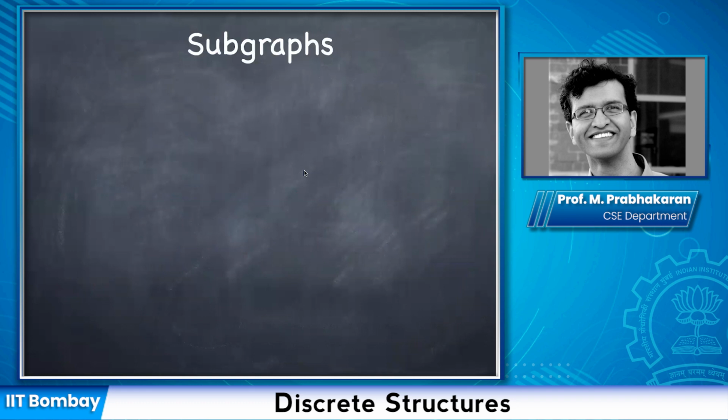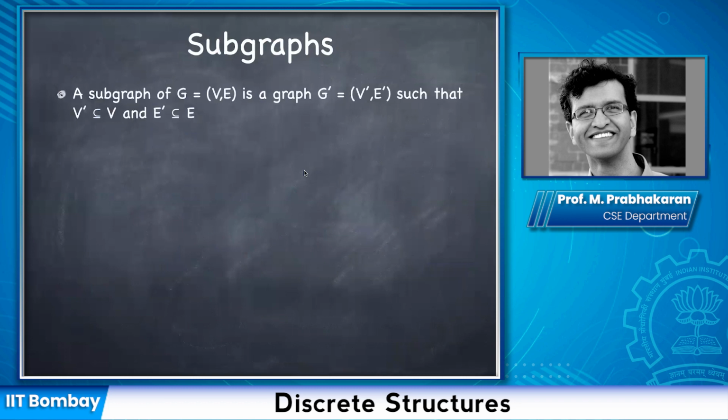Okay, another useful notion about graphs is a notion of subgraphs. So a subgraph is another graph. A subgraph of a graph G is another graph with a vertex set which is a subset of the original vertex set, and an edge set which is a subset of the original edge set.